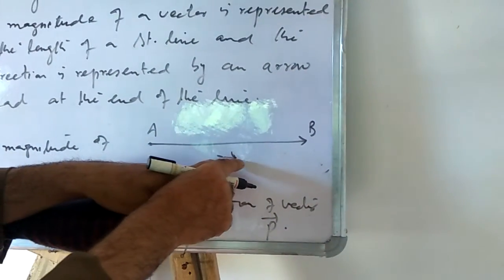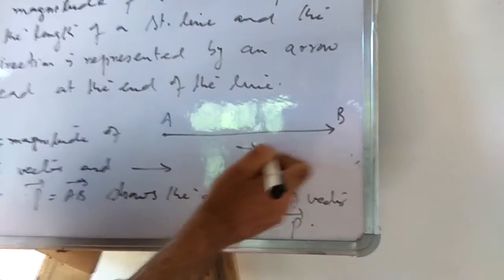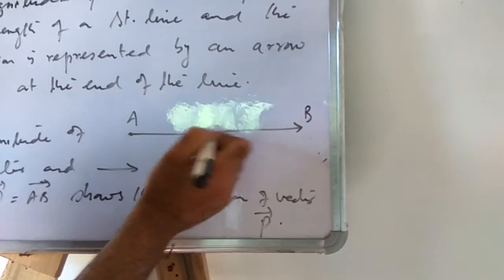So the length AB represents the magnitude, and the arrow on vector P shows the direction of the vector.